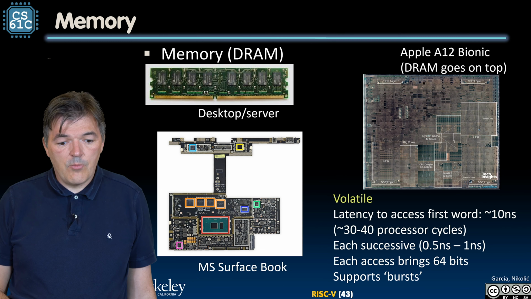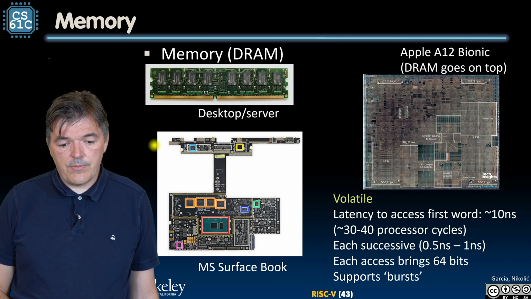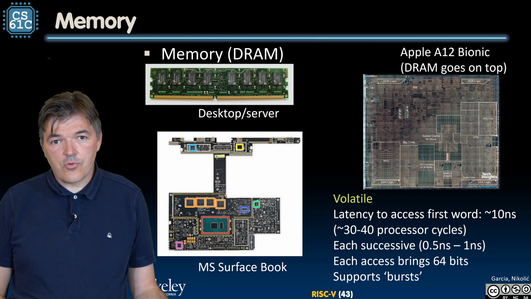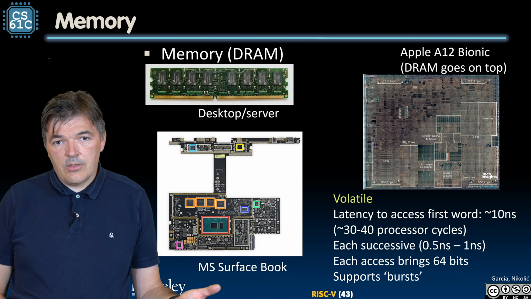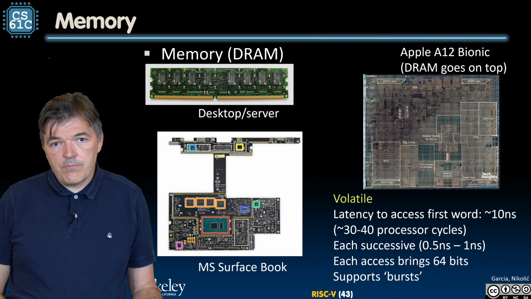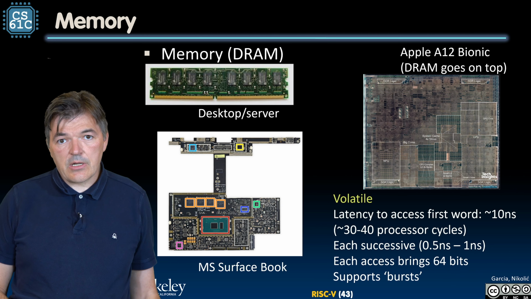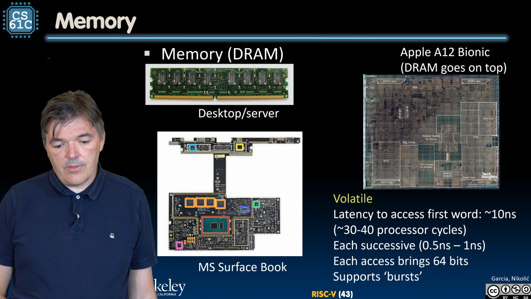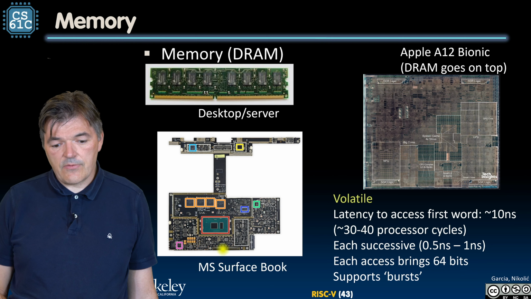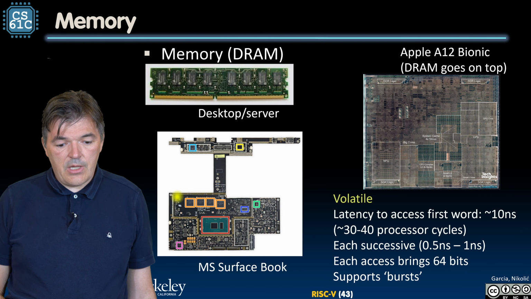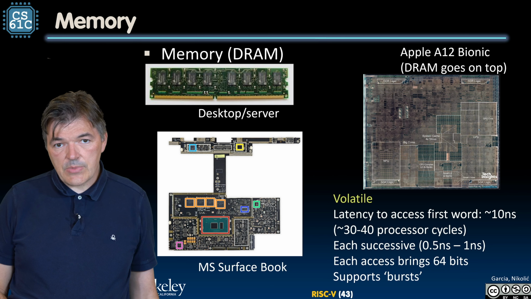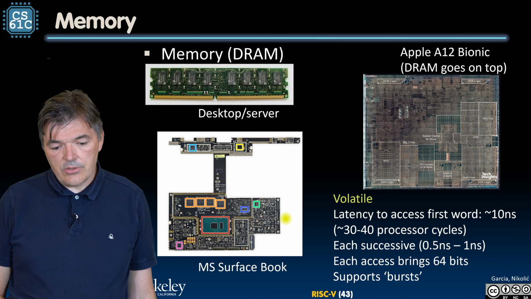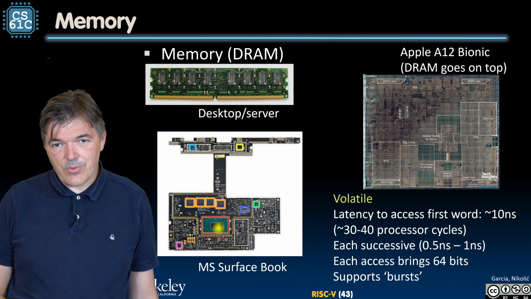On the other hand, most laptops nowadays don't really have room to fit these DIMMs. Instead, the DRAM chips are soldered directly onto the motherboard. In this case, we have a bit older version of a Microsoft Surface Book that has these orange chips, which are DRAM chips, soldered onto the motherboard very close to the microprocessor.